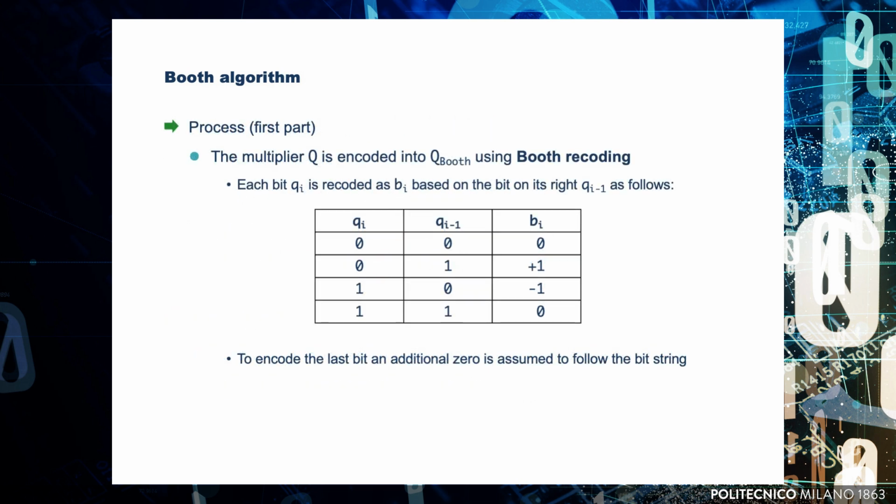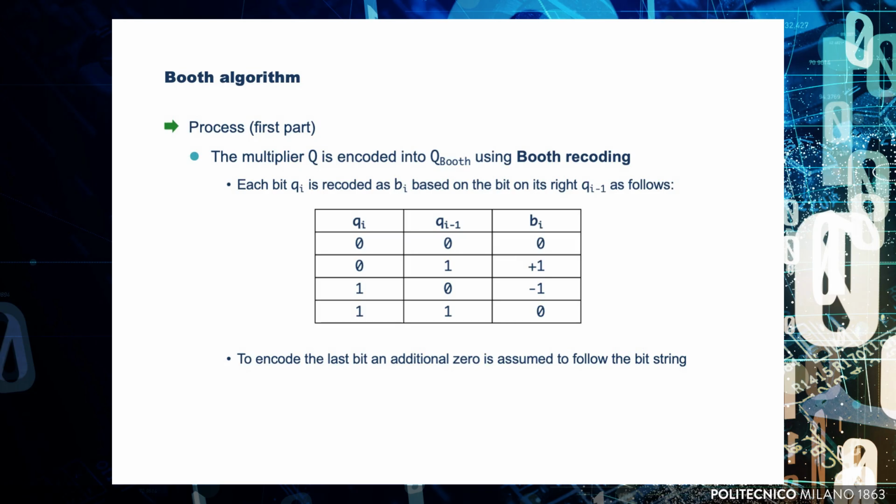Starting from the decomposition introduced in the previous example, we can introduce the Booth method. Without getting into the details of the theoretical proof, such a decomposition can be automated by recoding the multiplier q as follows. Starting from the left, we examine each bit, i, together with the next bit, i minus 1.